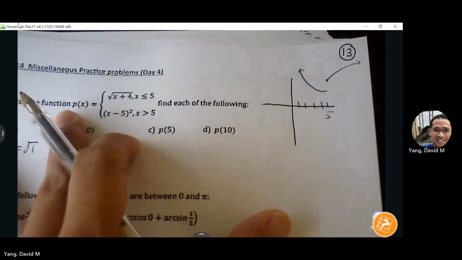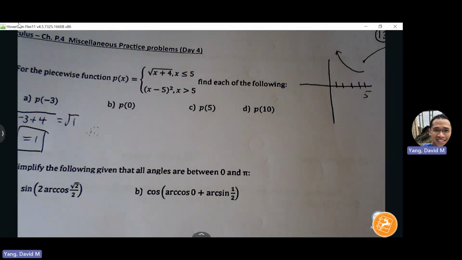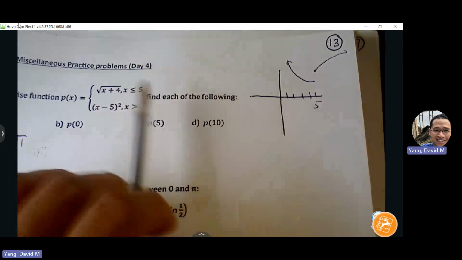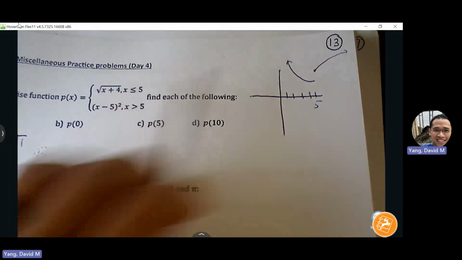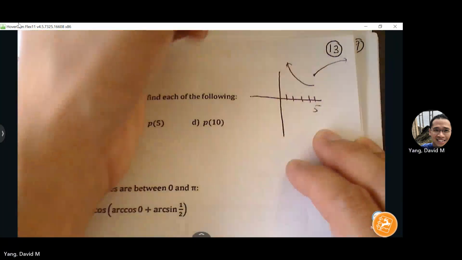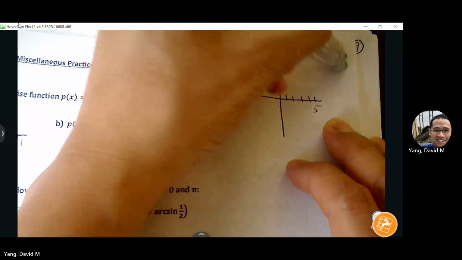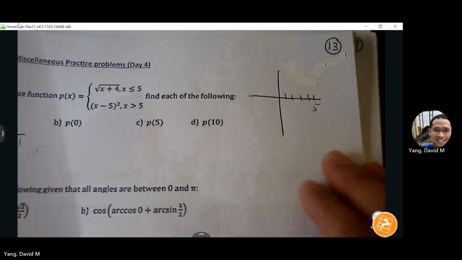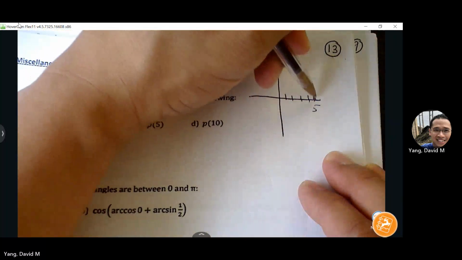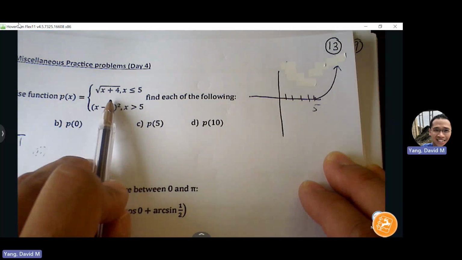Would it be like right to the left of 5? Oh, I'm sorry. The other way around. My bad. Root x plus 4 is going to be on the other side. And then root x plus 4 to the left of 5.